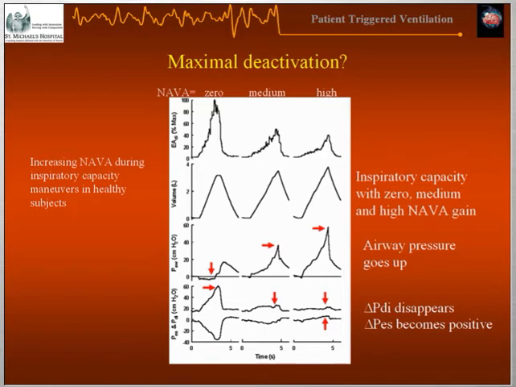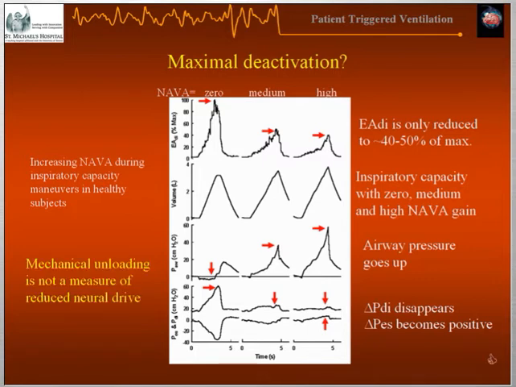The esophageal pressure is also going positive, suggesting that we are also probably compensating a lot for the chest wall load. Now, what happens to the diaphragm activation? Well, it goes down, but it doesn't go away. It stays up. So if you remove the load, your diaphragm doesn't stop to output signals. So mechanical unloading is not a measure of reduced neural drive, and that's very important to remember.